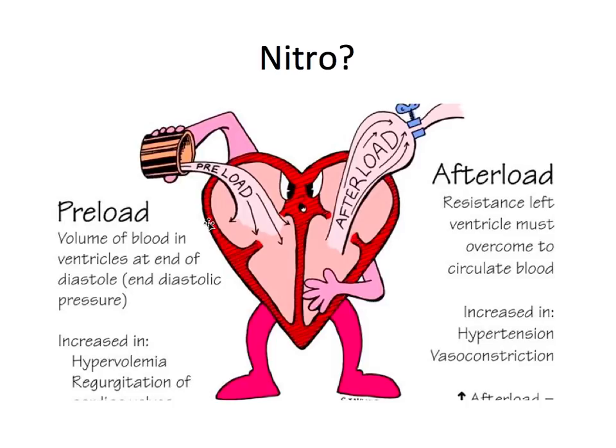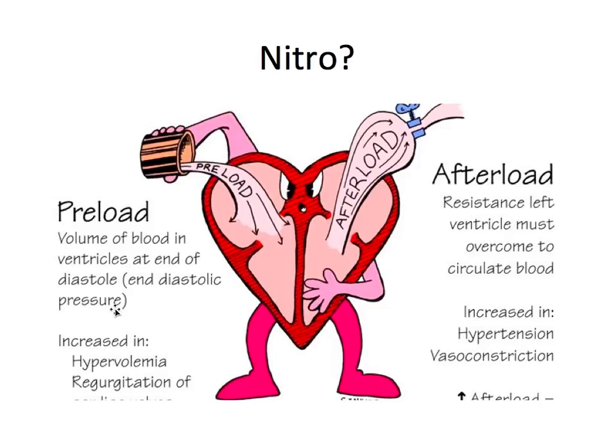And remember, the vessels that perfuse the heart are at the very beginning of the aorta. So we're decreasing the blood getting into the heart, which decreases the number of cardiac cells that will survive if you make it out of this heart attack. So no nitroglycerin if you're having an inferior or a posterior MI.